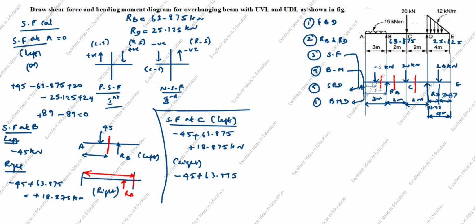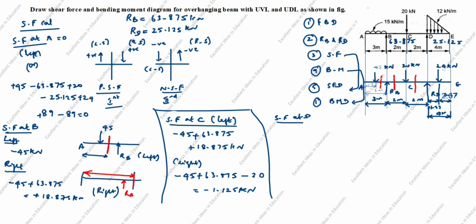Next, arrow comes down. Down left side is, you see, minus 20 equal to minus 1.125 kilonewton.